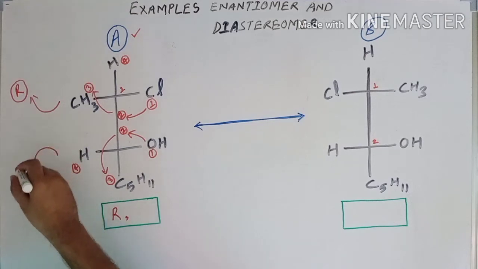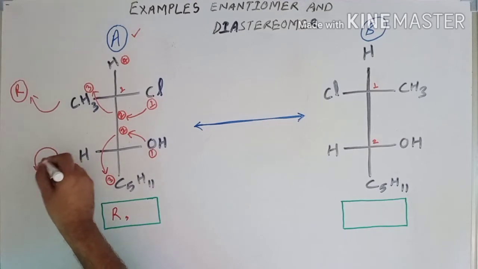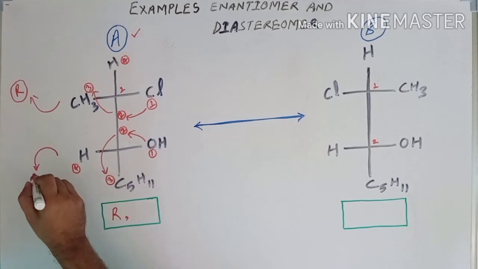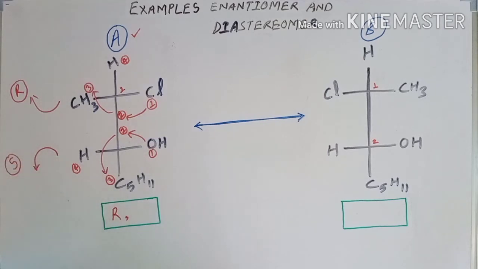This is your anti-clockwise direction. So according to the CIP rule, if the arrow moves in the anti-clockwise direction, the configuration of that carbon may be S, sinister, reverse of R. But again we have to see the position of the lowest priority group on that particular carbon.